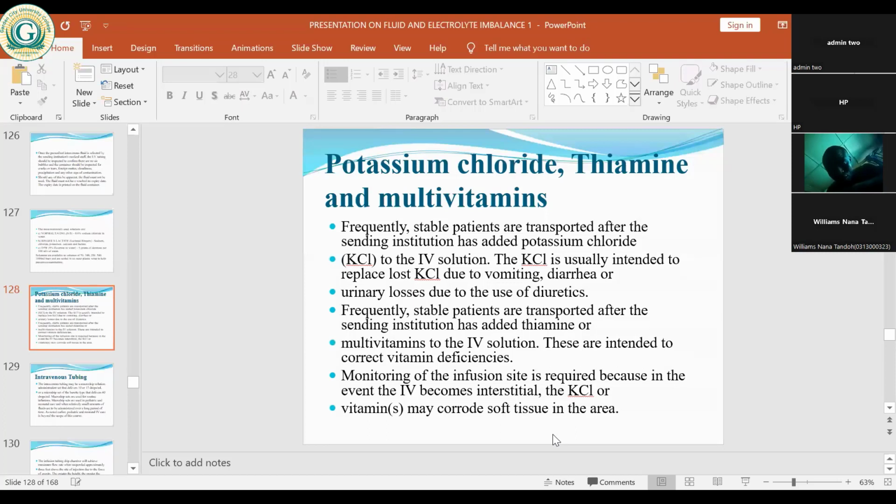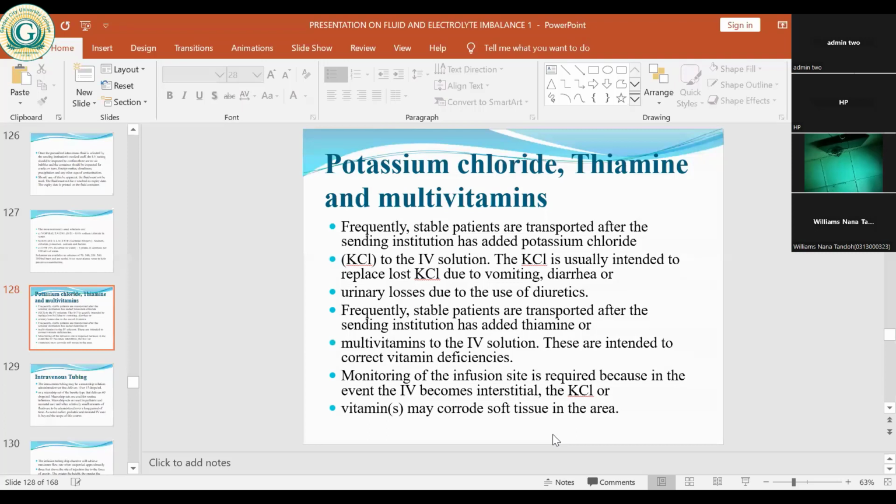The patient's infusion has become interstitial, meaning it has moved from the vein and has gotten into the interstitial space. Normally the cannula will be there, but the needle most of the time moves out of the vein and enters the interstitial space, meaning that the fluid is now going into the interstitial space instead of the vein.